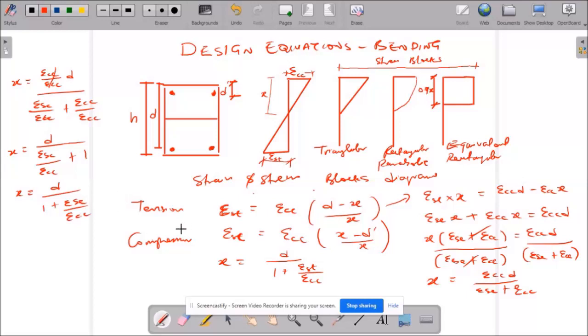That's how we arrive at this, where Ecc is equal to 0.0035, we call it the concrete strain or ultimate concrete strain.